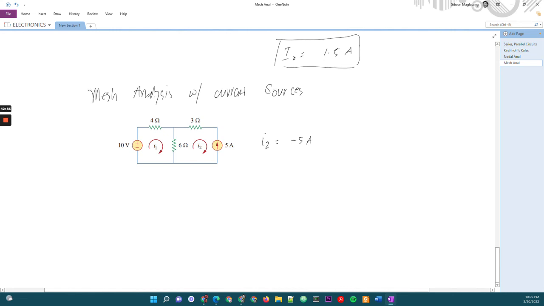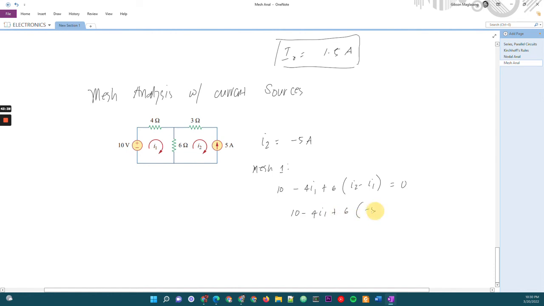And then we will write the mesh equation the usual way na dayon. Okay? So let's consider mesh 1. So for mesh 1, we get 10 volt minus 4 I1 plus 6 I2 minus I1 equals 0. But since I2 is negative 5, we get 10 minus 4 I1 plus 6.